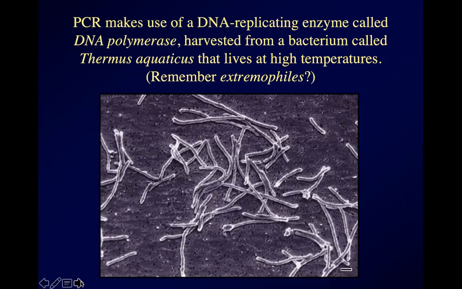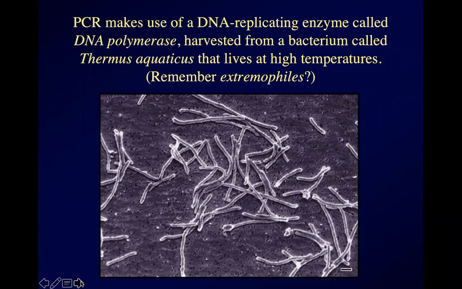This is a bacterium called Thermus aquaticus, and it happens to be an extremophile, which is a word that we used way back at the beginning of the class in maybe week 2 or 3, when I was talking about archaeans and things like that, way back when.